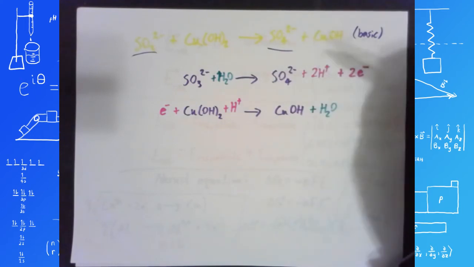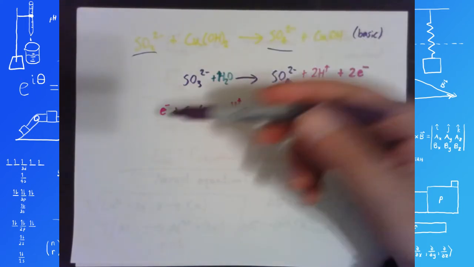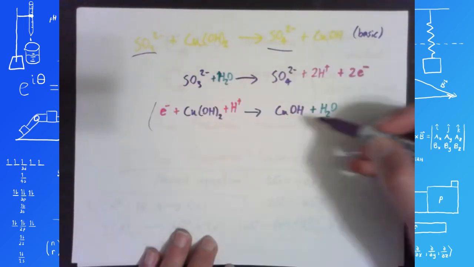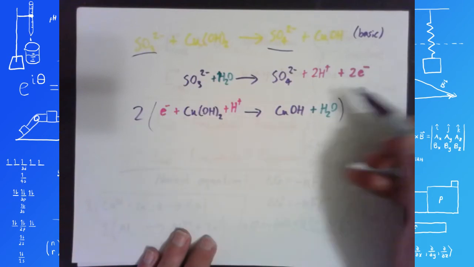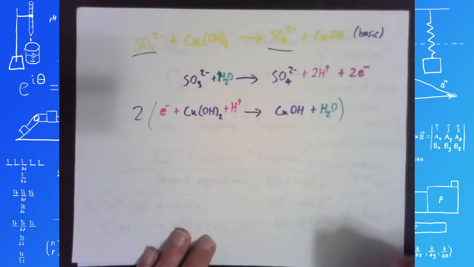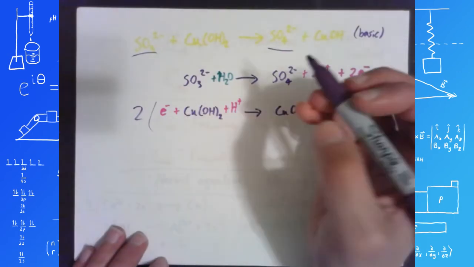Okay, I'm going to need to multiply this by 2, and then that'll help me cancel out my electrons, and then add those up and get your new overall reaction.